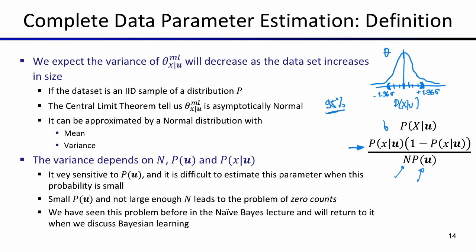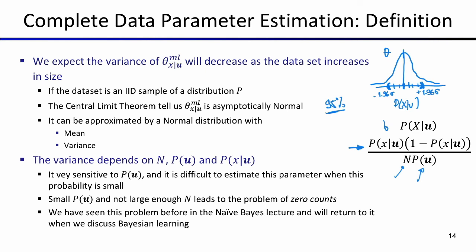We have n, that is the size of the sample, and we have P of u. So it's very clear that if we increase n, we decrease the variance. So the more data we have, the more confident we are about our estimates. But we have this competing factor P of u here, saying that if we have a very small P of u, we're going to have to increase even more the sample size to compensate the small P of u.